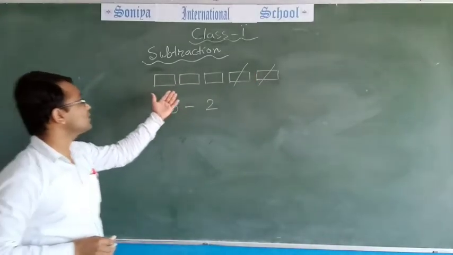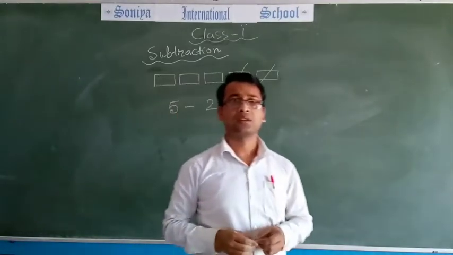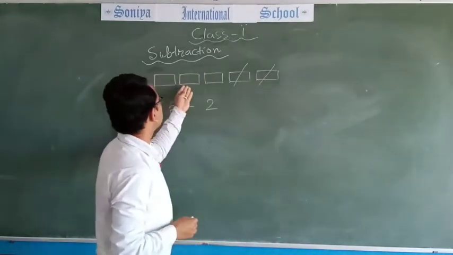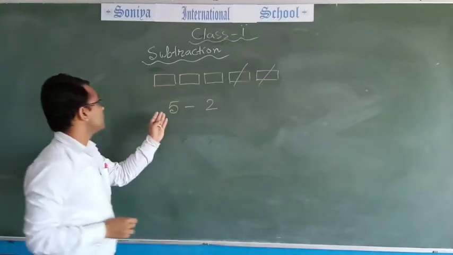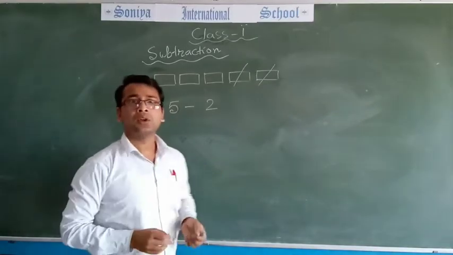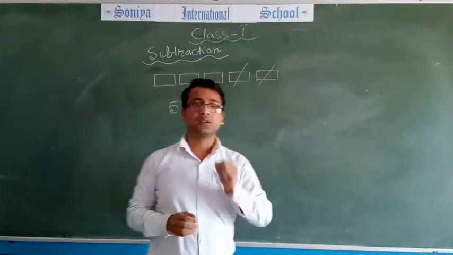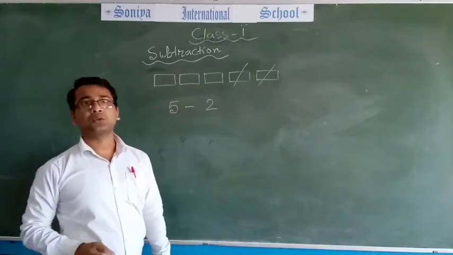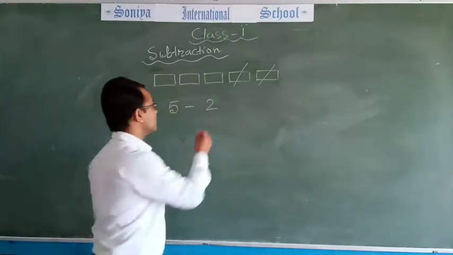How many rectangles are left with me? Let's count. 1, 2, 3. Then 5 minus 2 is equal to 3.